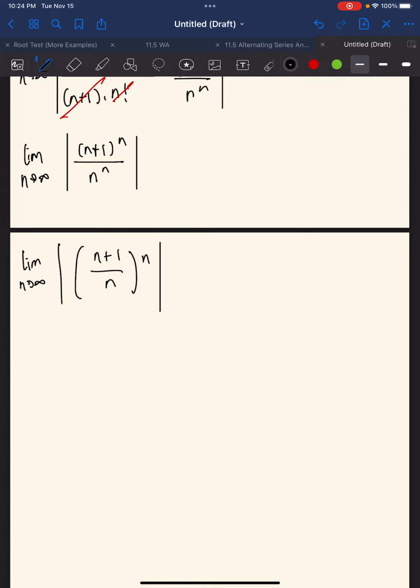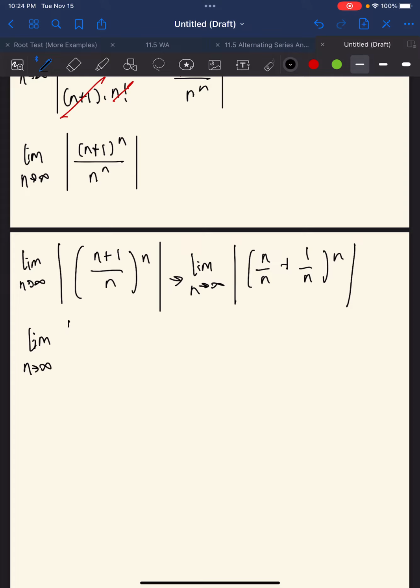And for a simplification, we can divide everything by n, since there's only one term on the denominator, so that would be the absolute value of (n divided by n plus 1 divided by n) raised to the n, and this would be equal to the limit as n approaches infinity of the absolute value of (1 plus 1 over n) raised to the n.